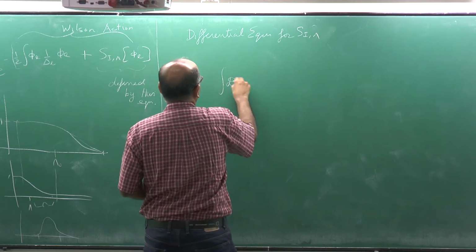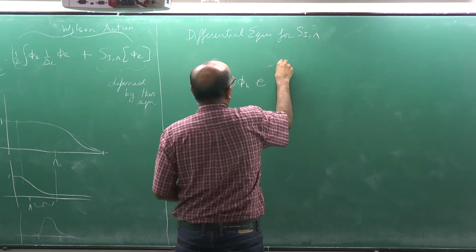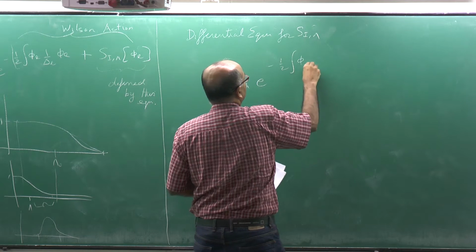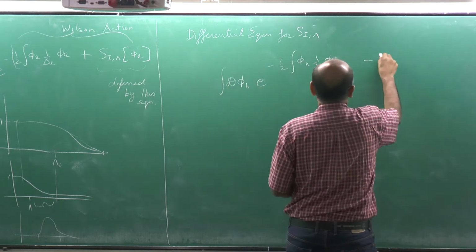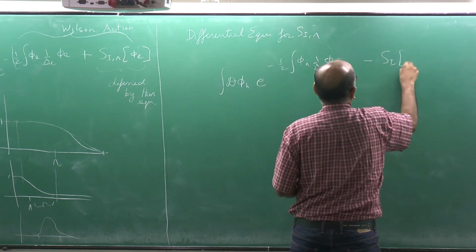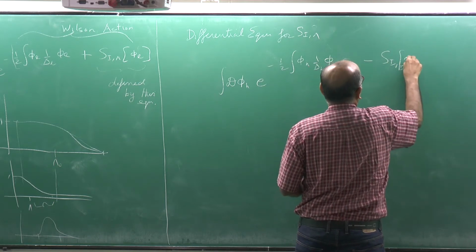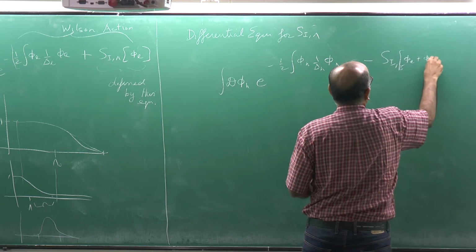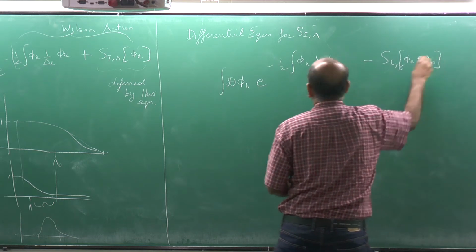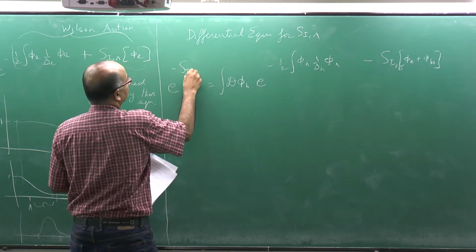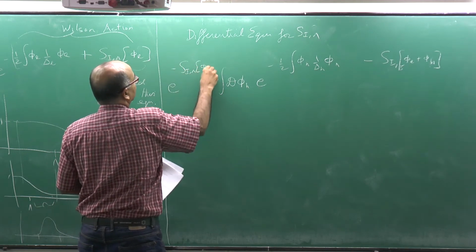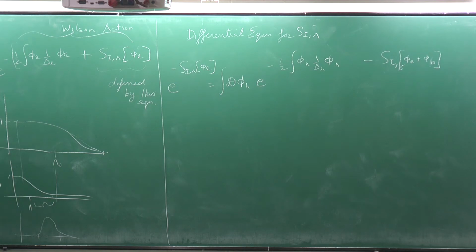d phi h e to the power minus half phi h 1 over delta h phi h minus S_I of phi l plus phi h. This is e to the power minus S_I lambda of phi. Right, that's the definition.